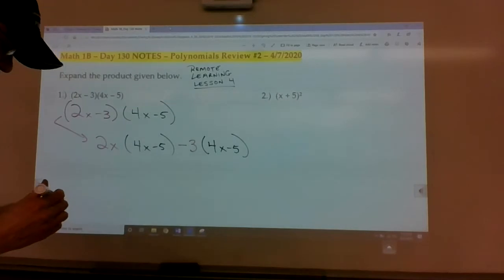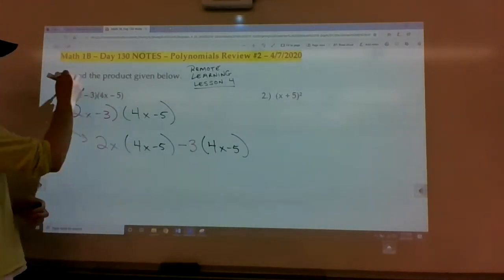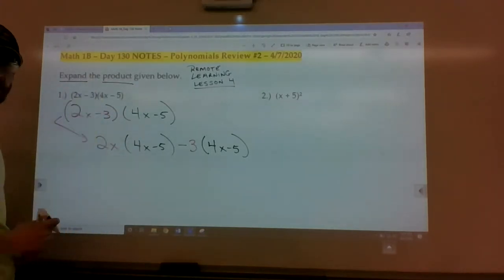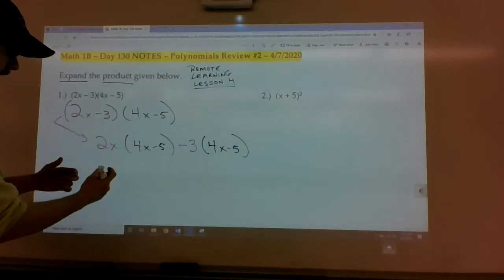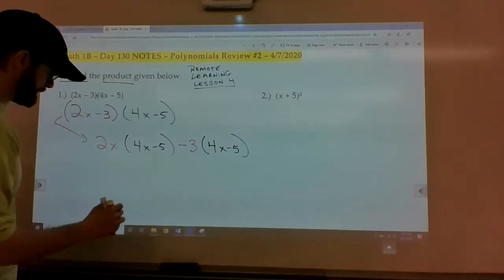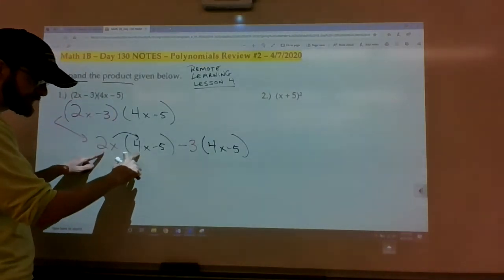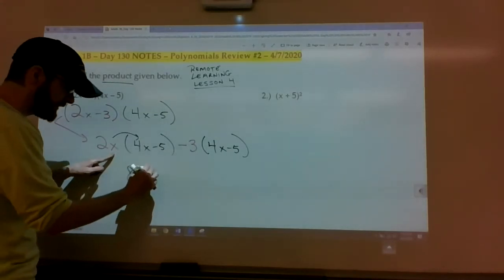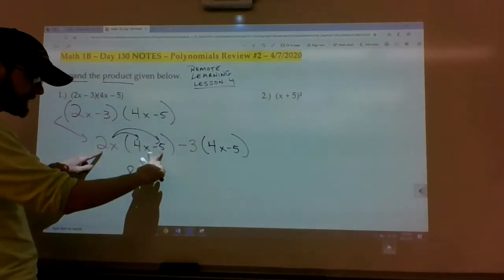So let's simplify this. By the way, this is what it means to expand the product. The product meaning two things multiplied together. Expanding it means I want to make a polynomial out of this multiplication. So 2x times 4x, 2 times 4 is 8, x times x is x squared. And then you have 2x times negative 5.